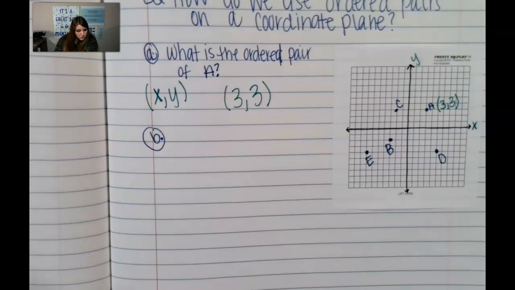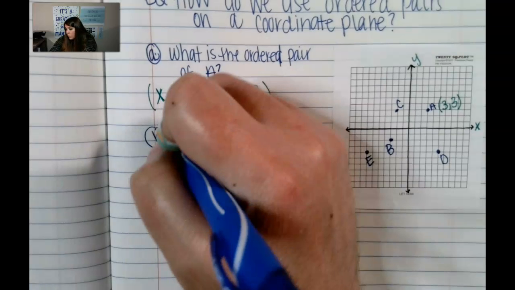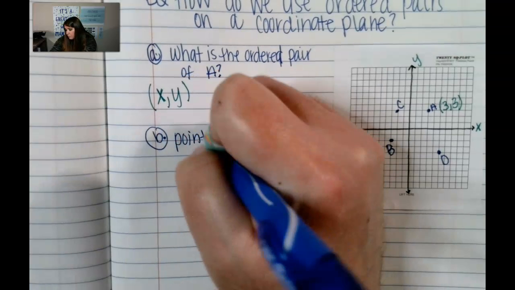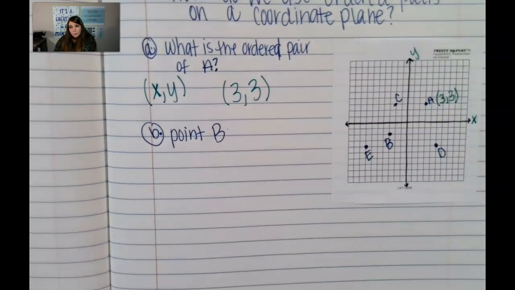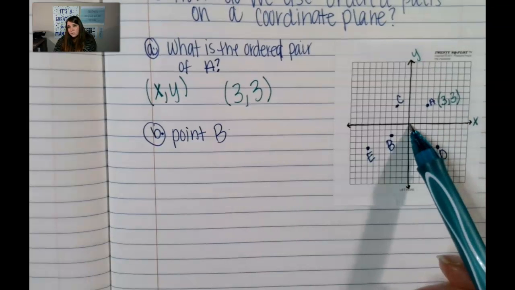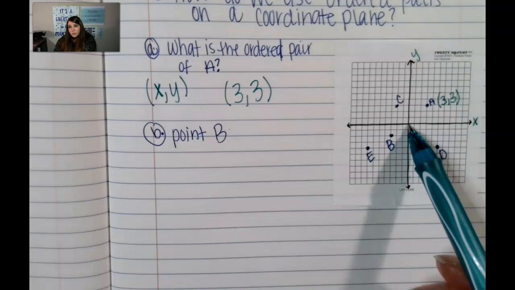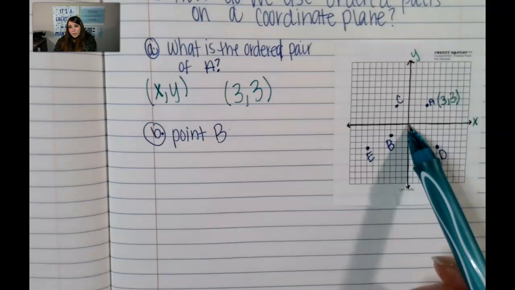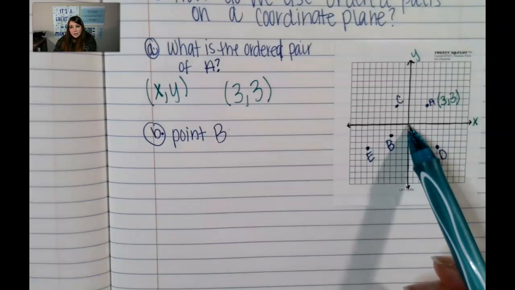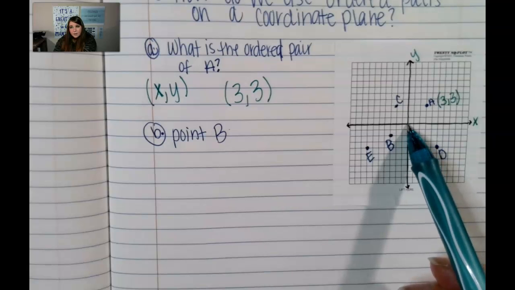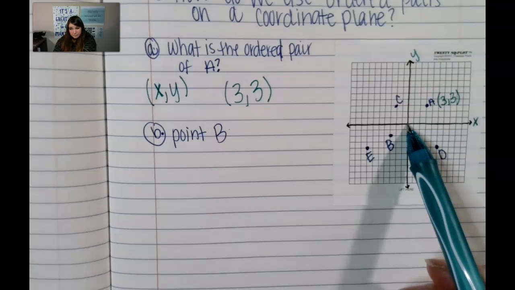Okay, so the next one, it wants to know what is the ordered pair for point B. So it wants to know what is the address for point B. So our job again is going to be to start at 0, 0. We're going to go over until we run into point B. So we're going to go over on the X first because X comes in the alphabet before Y. Also, you want to walk places before you start to climb.